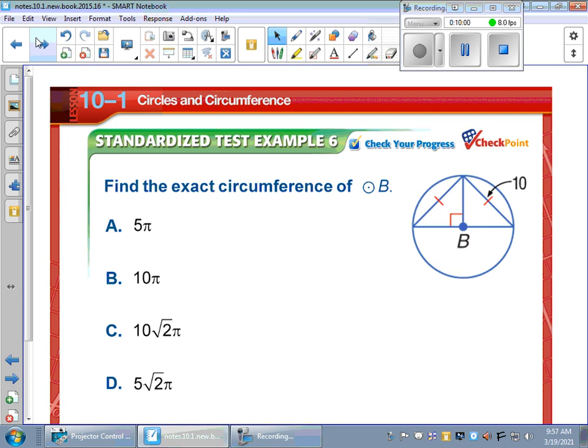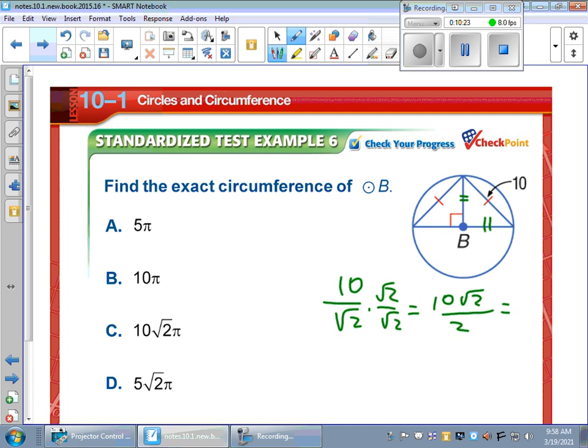Next one here says find the exact circumference. So to find the exact circumference, we're working through this one right here. This is a 45, 45, 90. So 45, 45, 90, this is 10. So these two are equal. Again, you go from a 45, 45, 90, you divide by the square root of 2. So that means we're going to do this here. So we get 10 square root of 2 over 2, which is 5 square roots of 2.